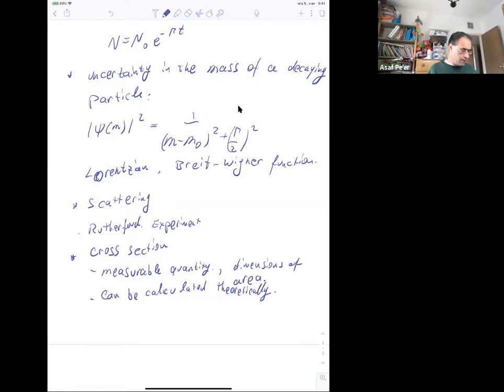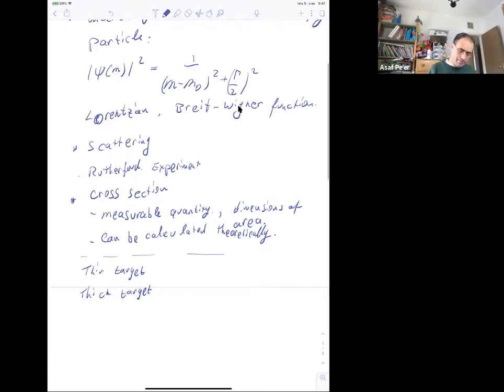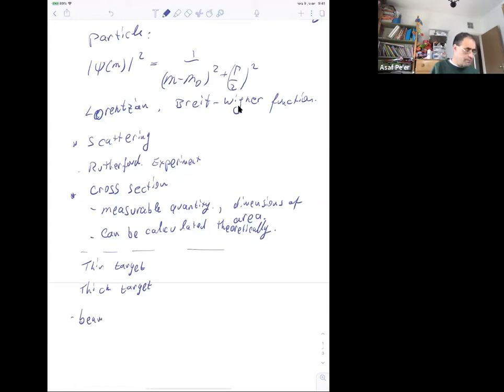Then we discussed a few experimental issues, such as a thin target versus thick target. And we defined the beam flux, phi, as the number of particles sent to the target per unit time, per unit area.